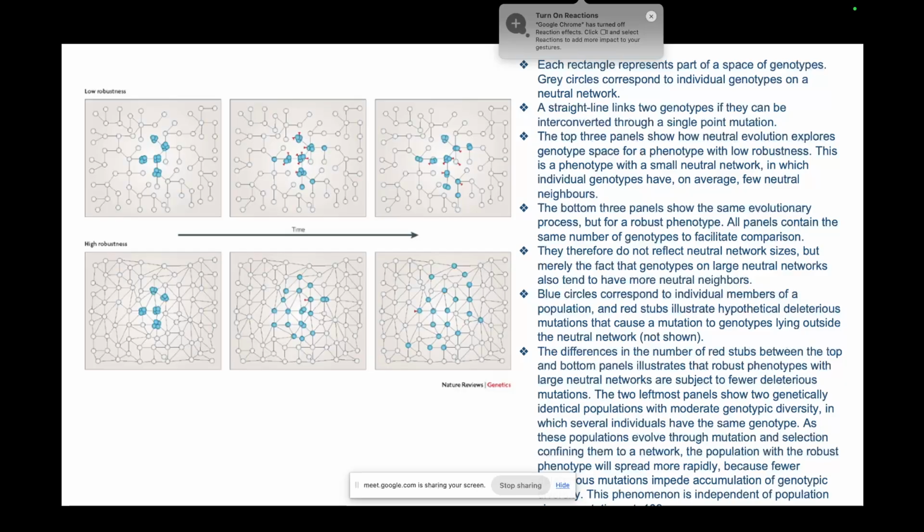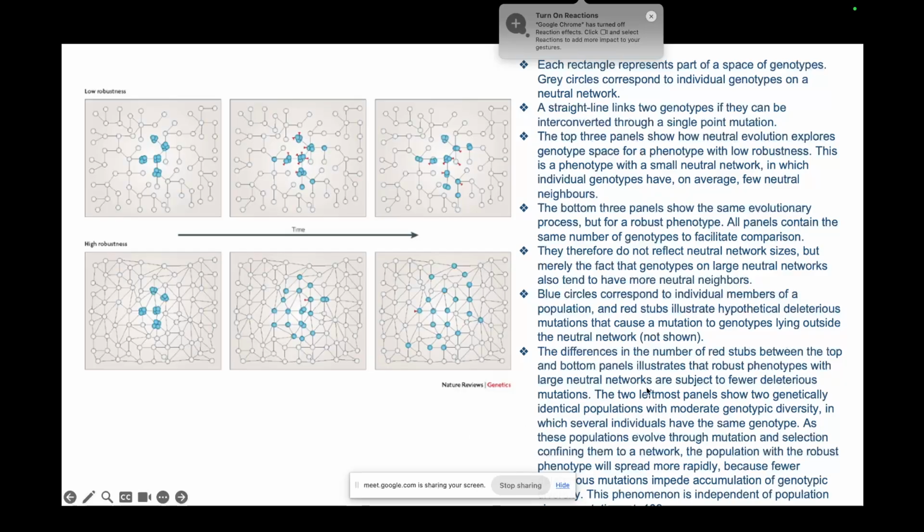They therefore do not reflect neutral network sizes, but merely the fact that genotypes on large neutral networks also tend to have more neutral neighbors. These blue circles correspond to individual members in the population, and these red stubs are hypothetical deleterious mutations that cause a mutation to the genotype lying outside the neutral network.